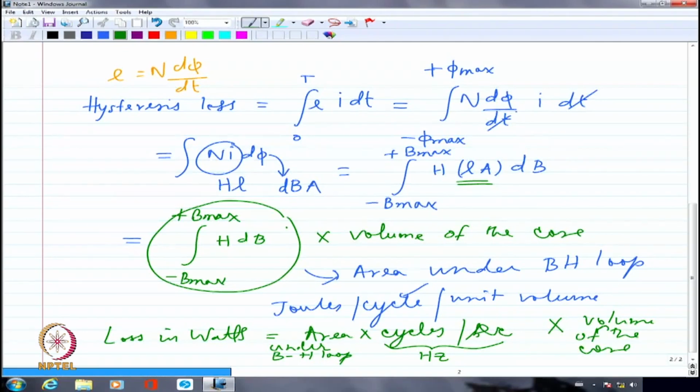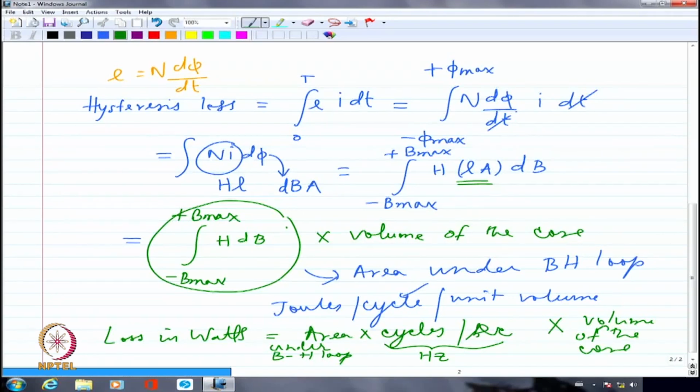Is that clear? If I am talking about 400 hertz or 600 hertz generated in a particular system, I am definitely going to have more and more hysteresis loss. That is why very high frequency transformers, used in switched mode power supplies and so on, do not use a ferromagnetic core. Rather, they use cores viable for high frequency operation.